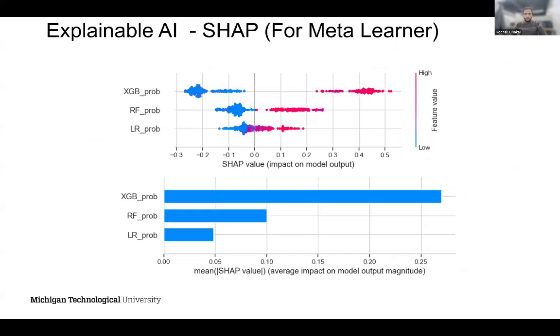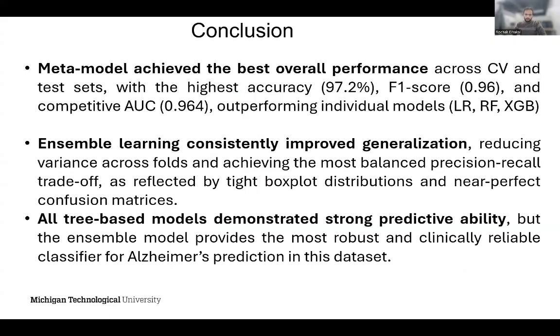We also used SHAP analysis to understand where the meta learner is learning the most from. That comes from XGBoost first, then random forest, and then logistic regression. So most of the output results come from, or are influenced by, XGBoost.